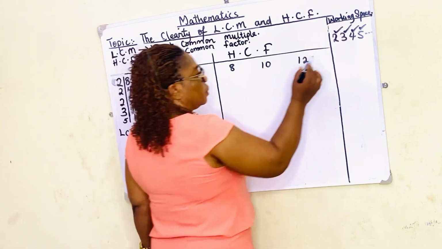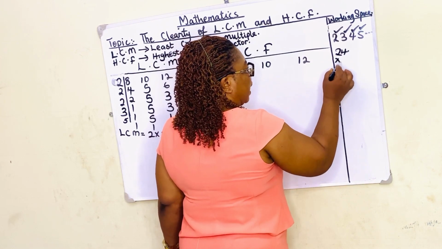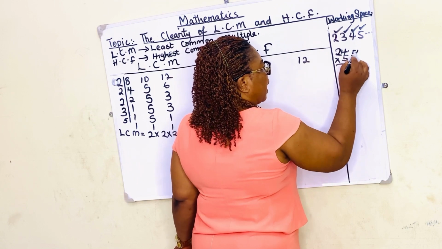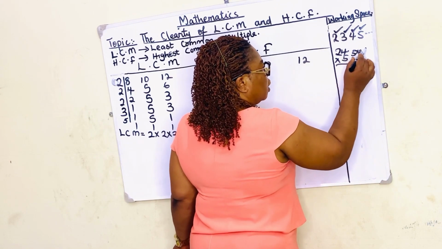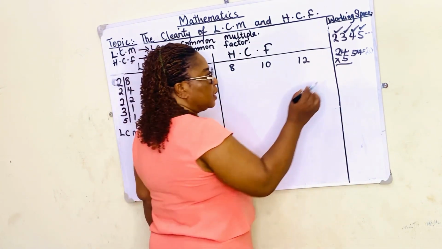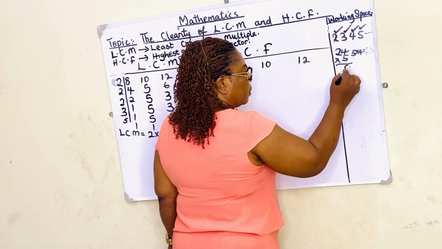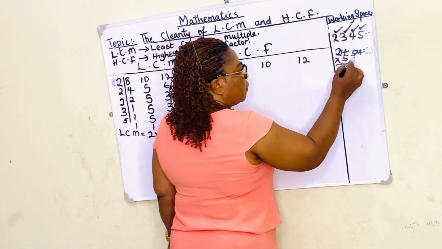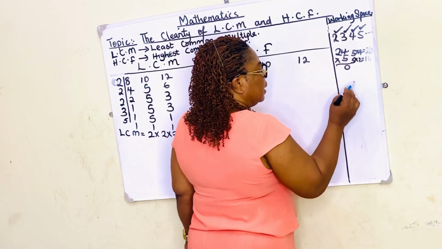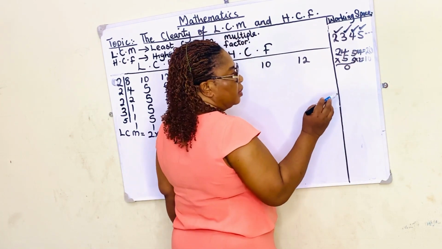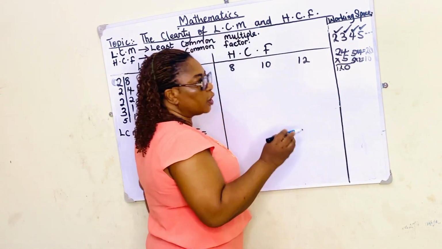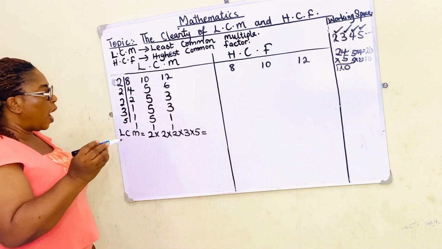Watch it. 5 times 4 will give us 20. I write 0. Then 5 times 2 will give us 10. Then that 10 plus the 2 that remain will give us 12. And that will be 120.